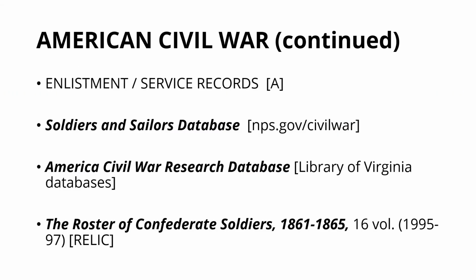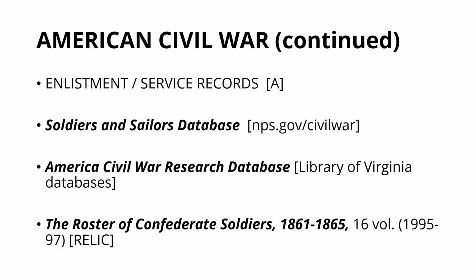Ancestry has posted a large number of documents related to service in the Civil War. The National Park Service has posted a list of all known soldiers and sailors of the war with their military units, but no personal facts.